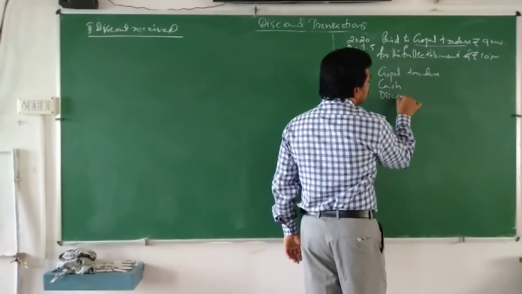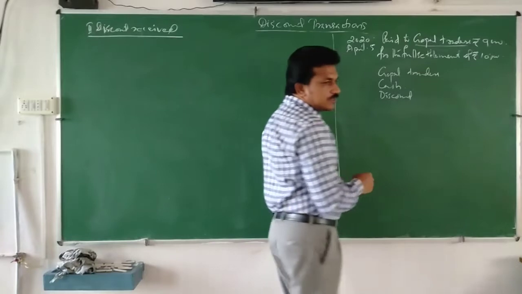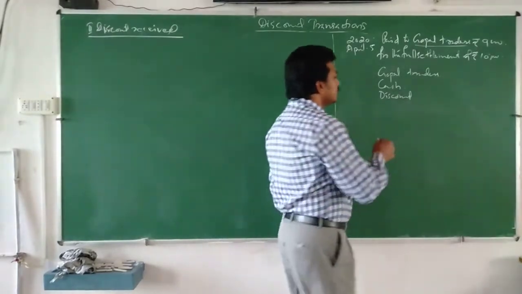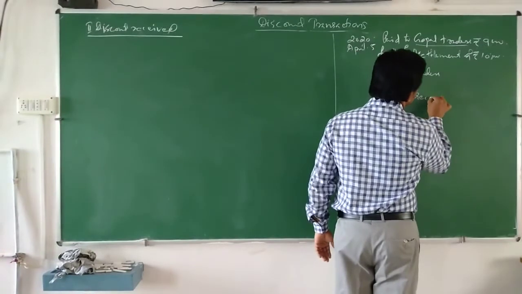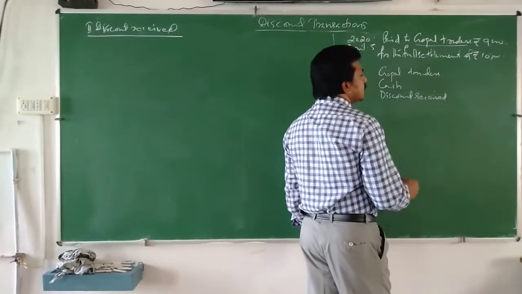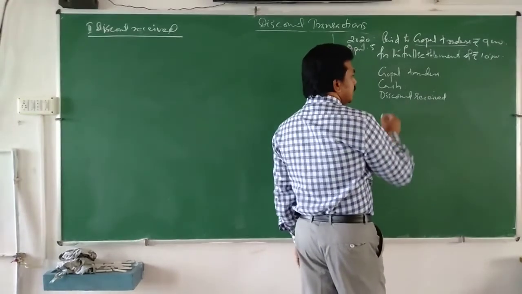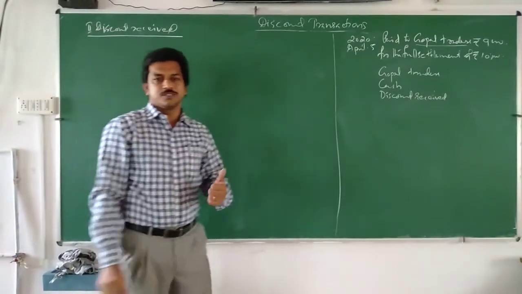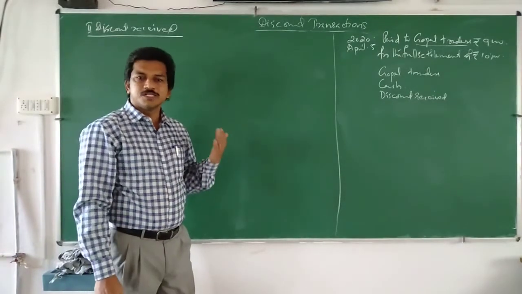You understood now the difference between 9,000 and 10,000 is discount. Who gets the discount? At the time when we pay the cash, we get the discount. So discount received is there. So these are the three aspects. Gopal Traders is a personal account. Debit the receiver, credit the giver.